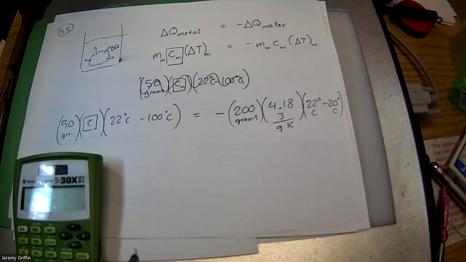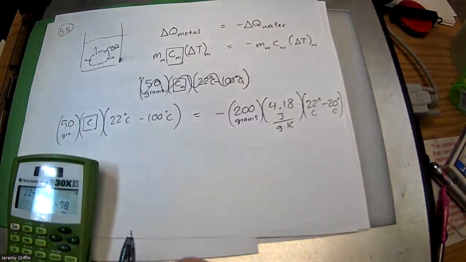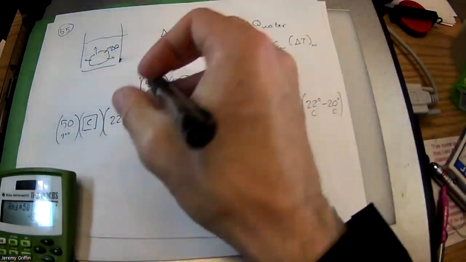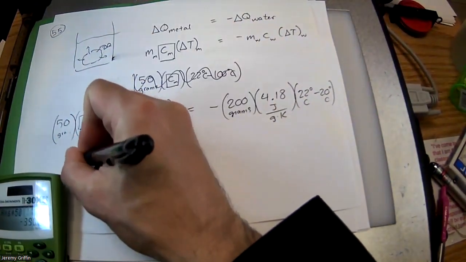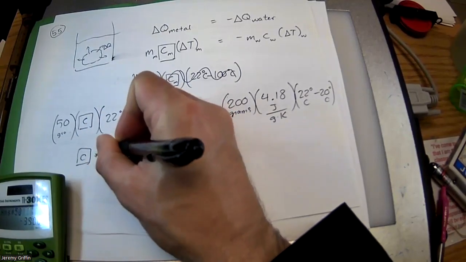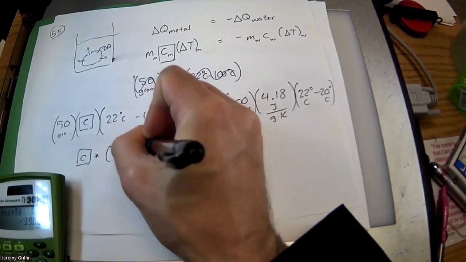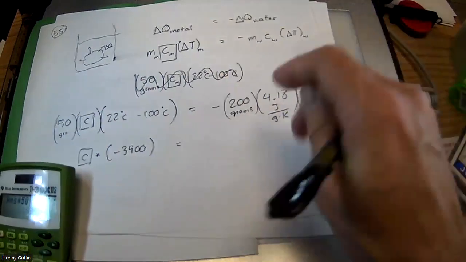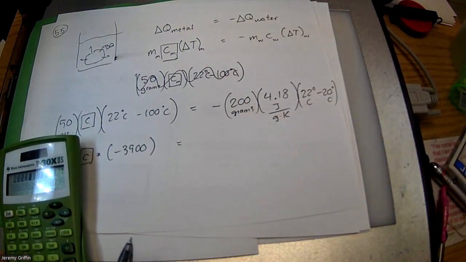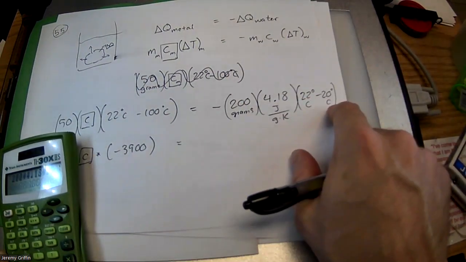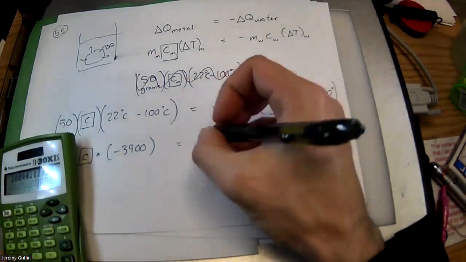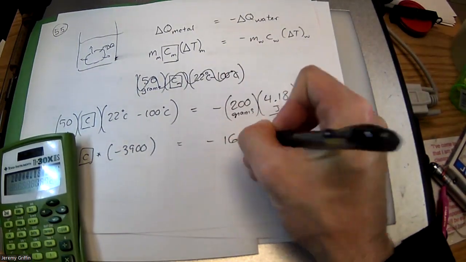But let's see, what's 22 minus 100? Negative 78 times 50. Okay, so C times negative 3,900 weird units is equal to what's 200 times 4.18 times 2. Negative 1672, weird units.